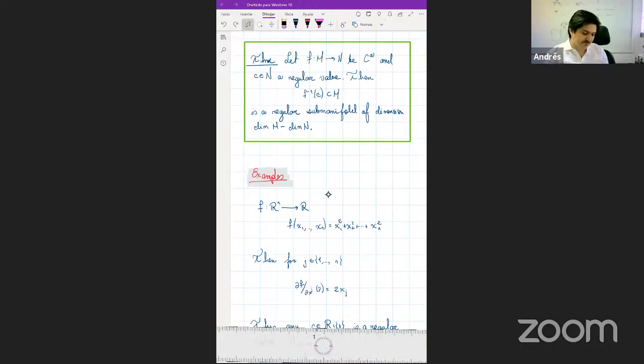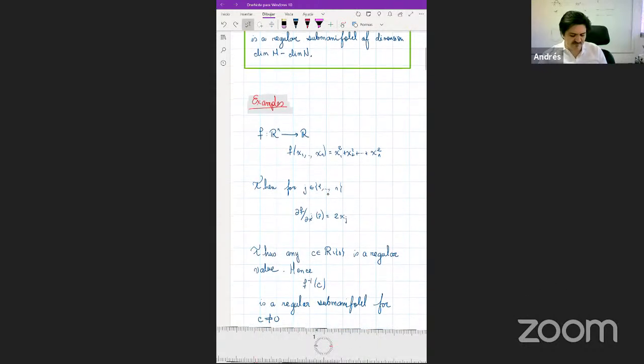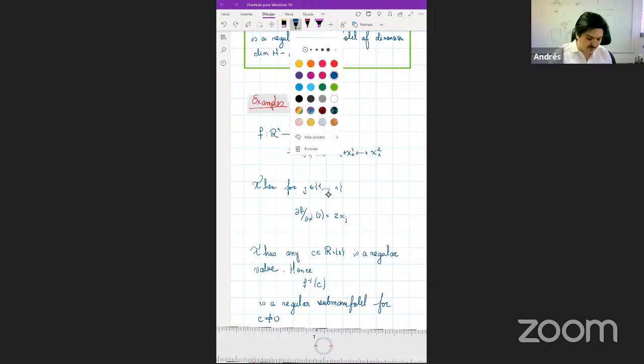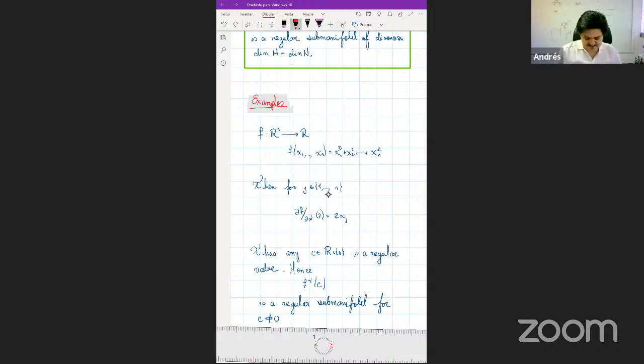So from this result, we have that the preimage is going to be a regular submanifold as long as c is non-zero. Moreover, you know very well what this is.